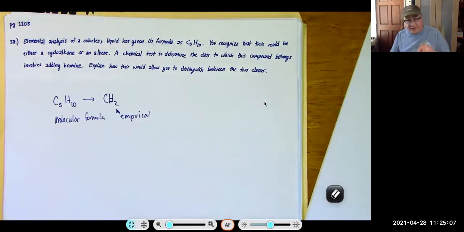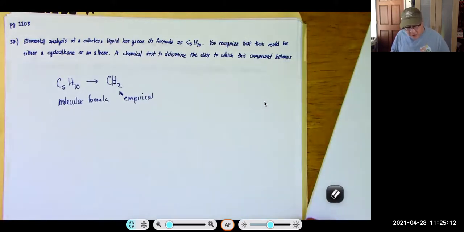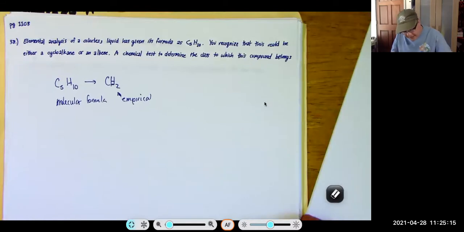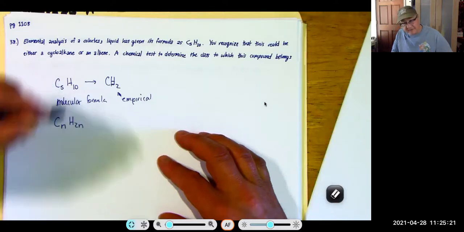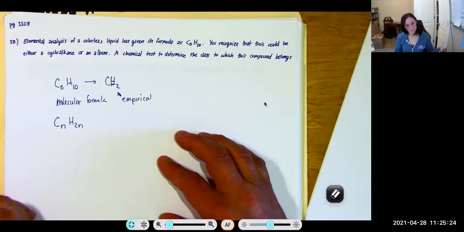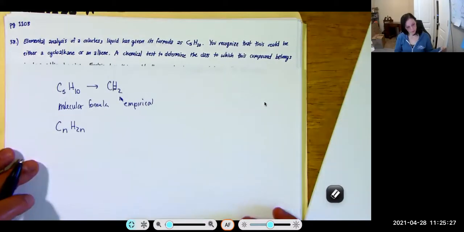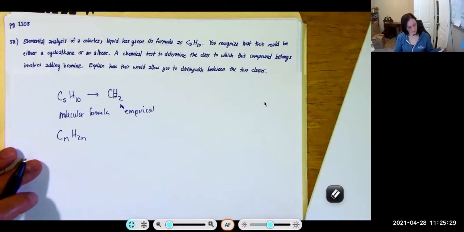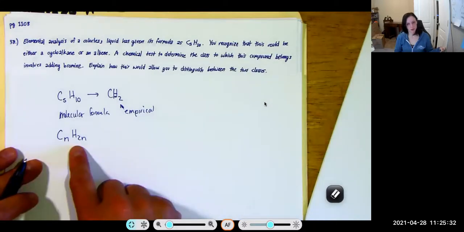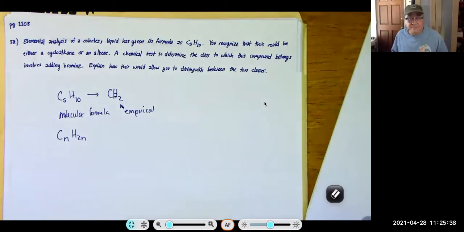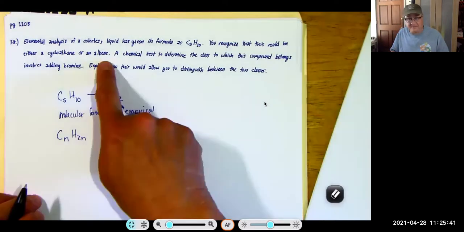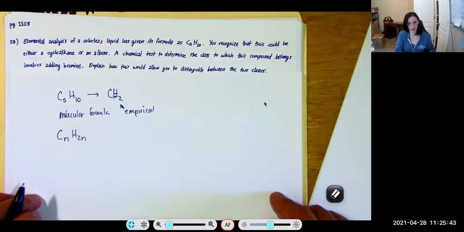So we should be able to understand that without saying, oh, they wouldn't do it otherwise. Okay, for one like this, you can recognize that it's either a cycloalkane or an alkene. The reason for that is both have the formula CnH2n. I thought the alkene formula was CnH2n minus 2. That's alkyne. This is an alkene. So alkene, not alkane, is CnH2n.